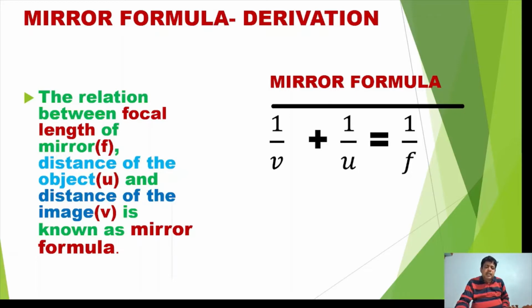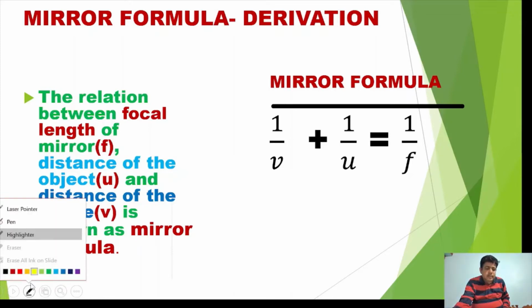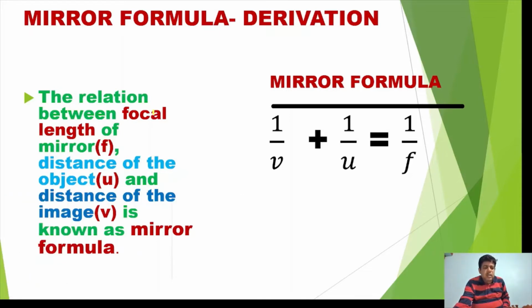It is a relationship, an equation, between the focal length F of the mirror, the distance of the object U, and the distance of the image V. We also call this the mirror formula, a relationship between the focal length F, the object distance U and the image distance V. Object distance, image distance, and focal length are the three parameters.